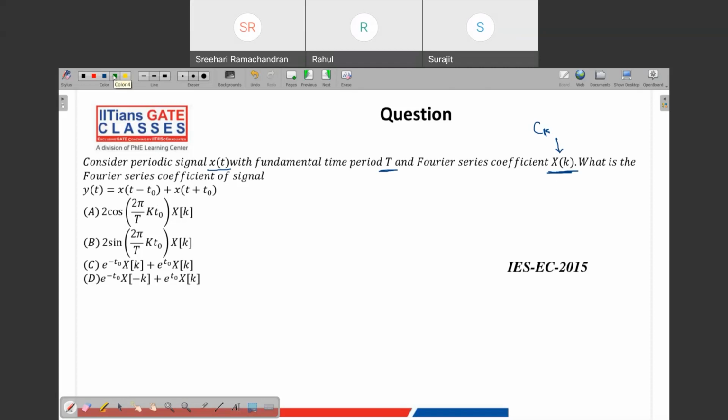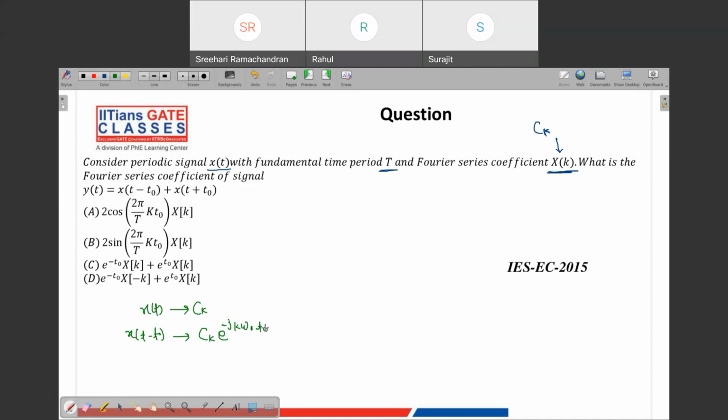Here we need to use the property of time shifting. If you have a signal x(t), its Fourier coefficient is c_k. Then for the signal x(t minus t naught), the Fourier coefficient will be c_k multiplied by e to the power minus j k omega naught t naught.